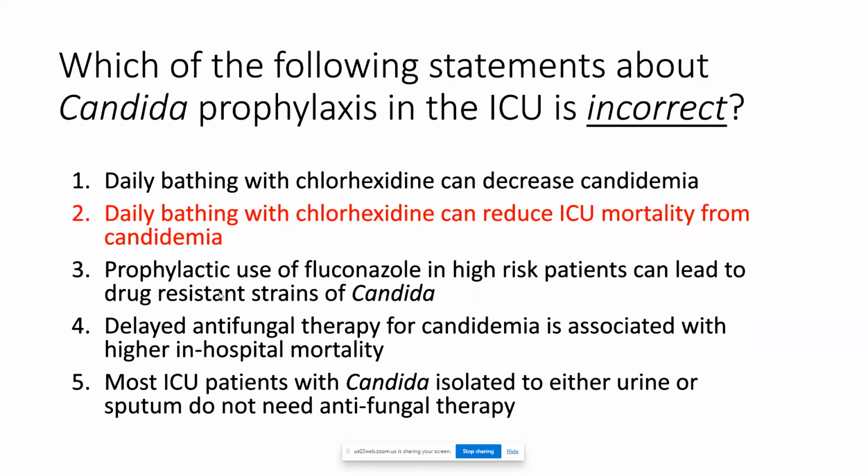Okay, maybe, but then 2 weeks from now, they're going to have a resistant strain that you're going to be dealing with. But then again, if we miss it, if we delay our diagnosis and treatment of true candidemia, those people do worse. And that's what's hard about this infection. But clearly, most patients who have Candida isolated to either urine or sputum don't need therapy.